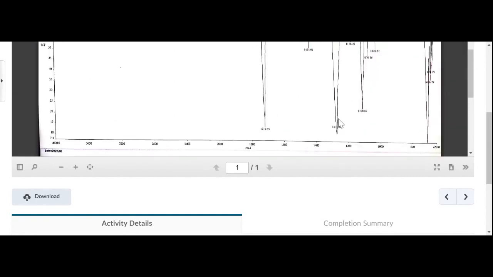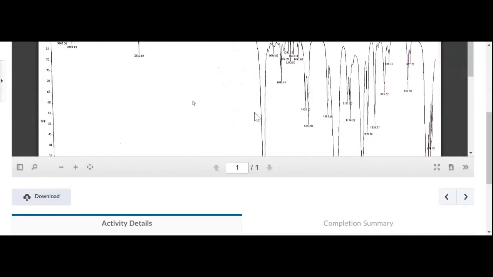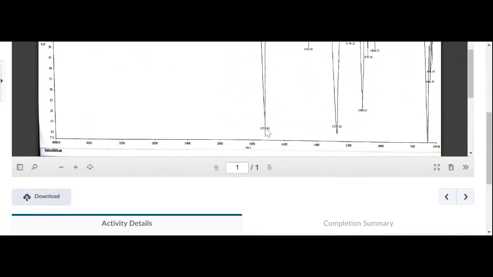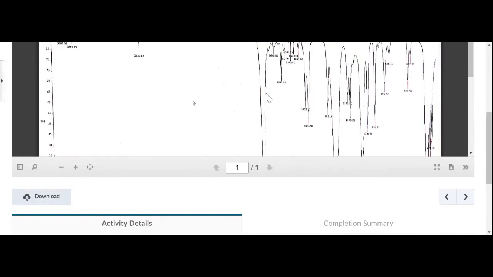Carboxylic acids, like benzoic acid, have a very similar strong peak, but it appears between 1680 and 1700. The shift from 1680 or 1700 to 1718 indicates that this is not benzoic acid, it's coming from methyl benzoate.